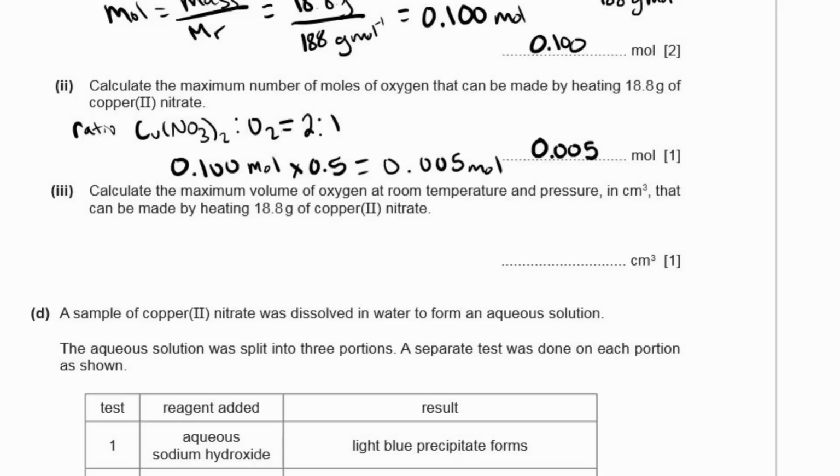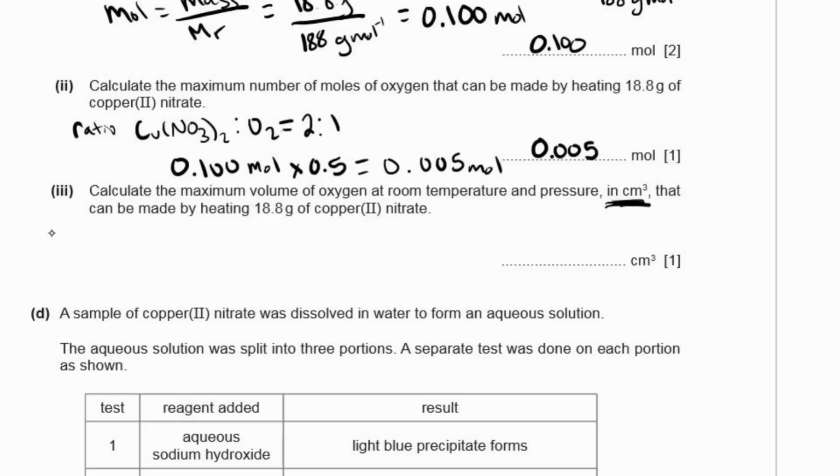All right. 3. Calculate the maximum volume of oxygen at room temperature and pressure in centimeters cubed. Always look at this. That can be made by heating 18.8 grams of copper 2 nitrate. All right. Okay, this is a gas equation.